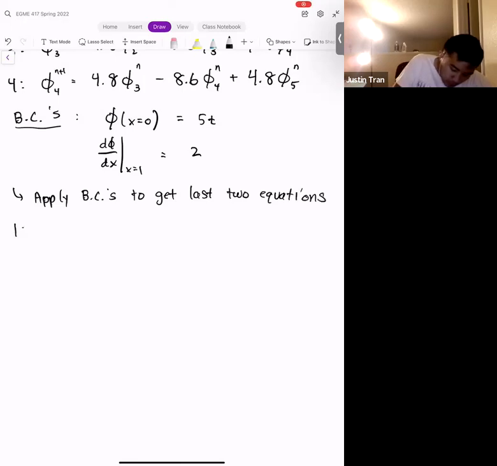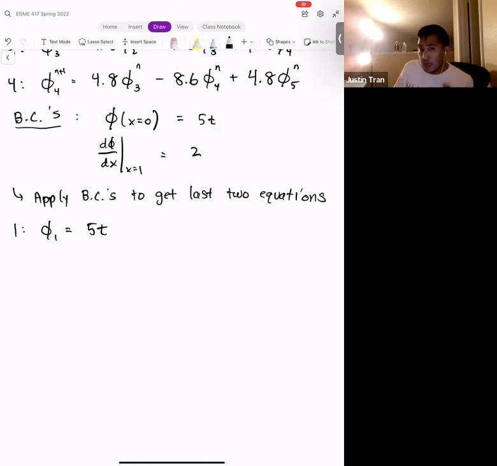All right, and so for i is equal to 1, we have our Dirichlet boundary here. Remember in finite differences, we say this is equal to phi 1, the first node in our grid, and this is going to be equal to 5t.